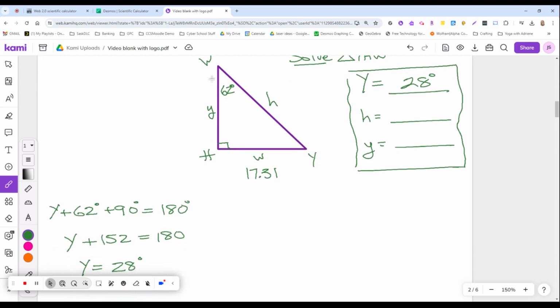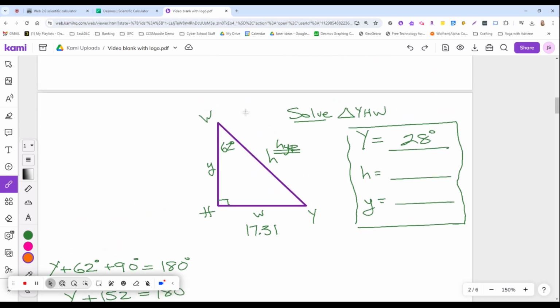Now side H, that hypotenuse over there. We know that this is the hypotenuse, no matter which angle we're standing at. We know that for sure. Now I'm going to make a suggestion. This 62 was given in the question. We figured out angle Y, which means this is the angle at the top here.